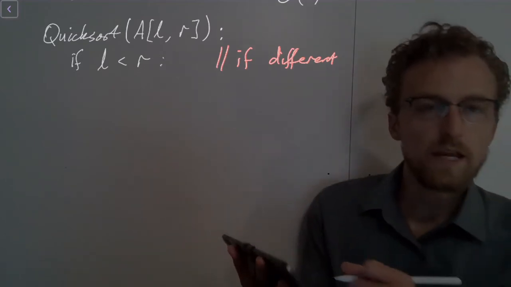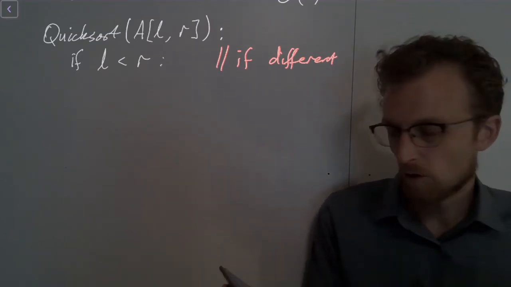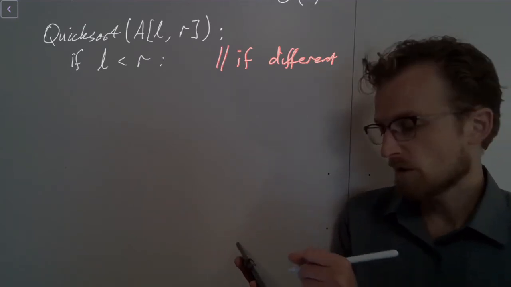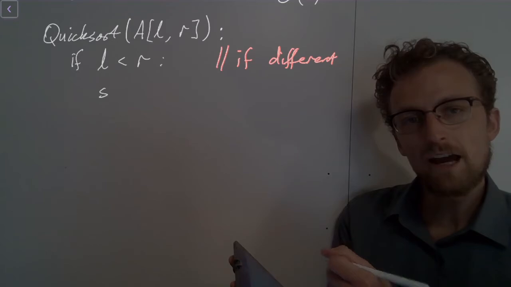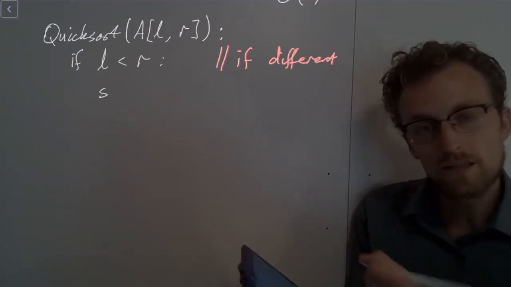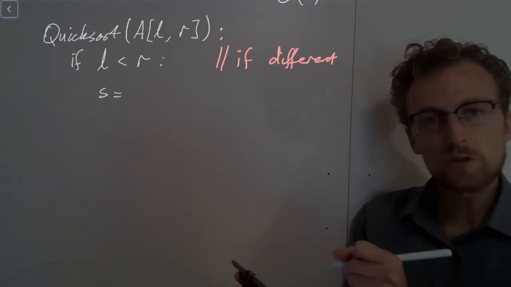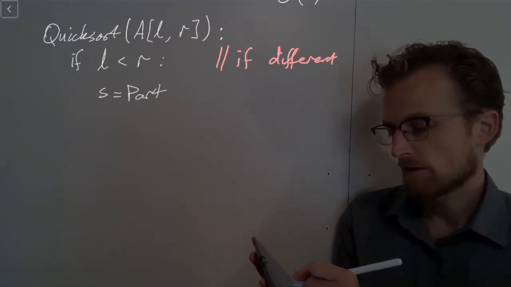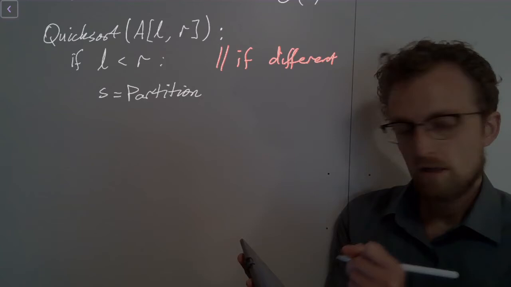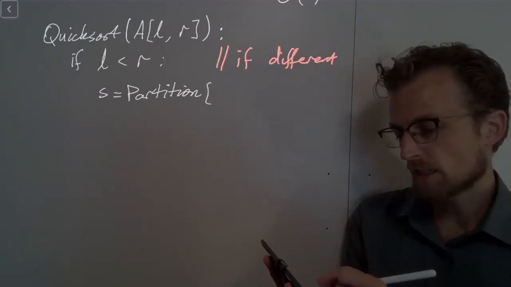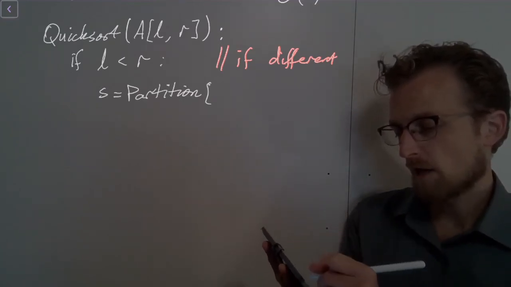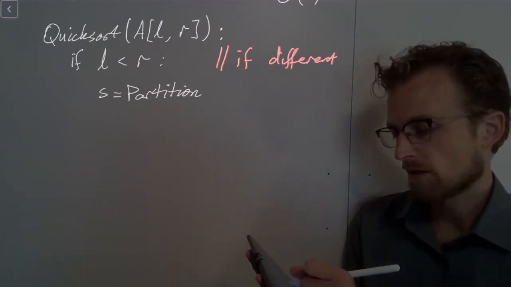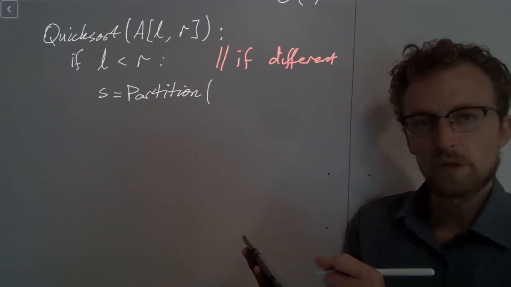Then we have a partition function that we'll call, and I'll describe the way the partition function works in just a moment. I'll set an index s, which is some index in my array, equal to the output of the partition function. The partition function takes the entire array, L to R, processes it somehow, and returns an index that we'll call the partition index, or the S for split index.